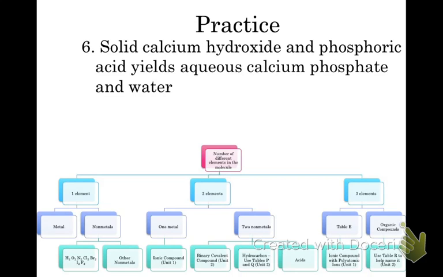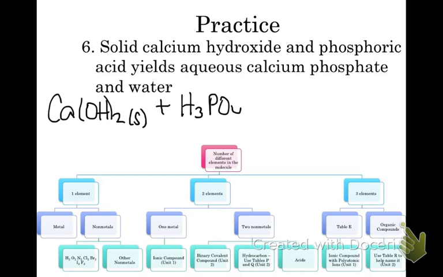So for number 6, solid calcium hydroxide and phosphoric acid yield aqueous calcium phosphate and water. So calcium hydroxide is Ca(OH)2, and that said it was a solid. Phosphoric acid, I can use table K, H3PO4, and they're going to be aqueous.